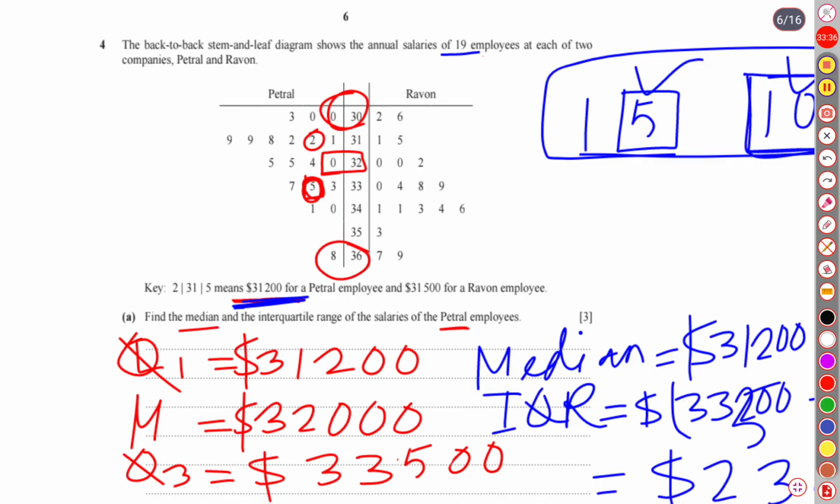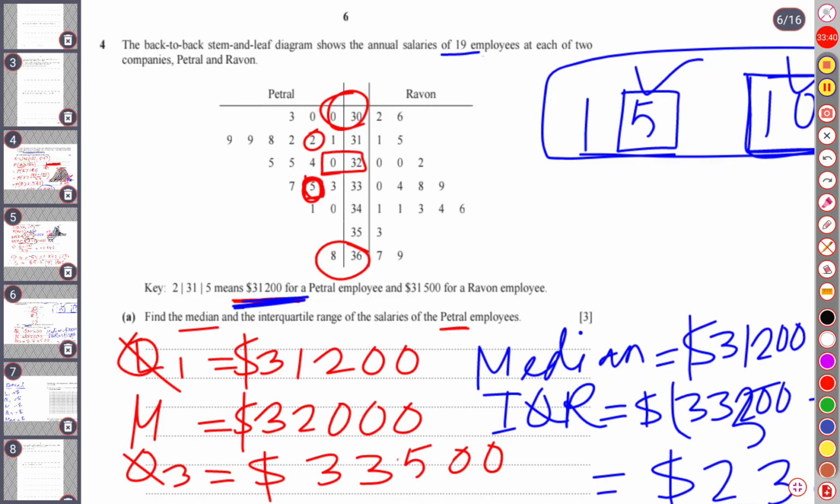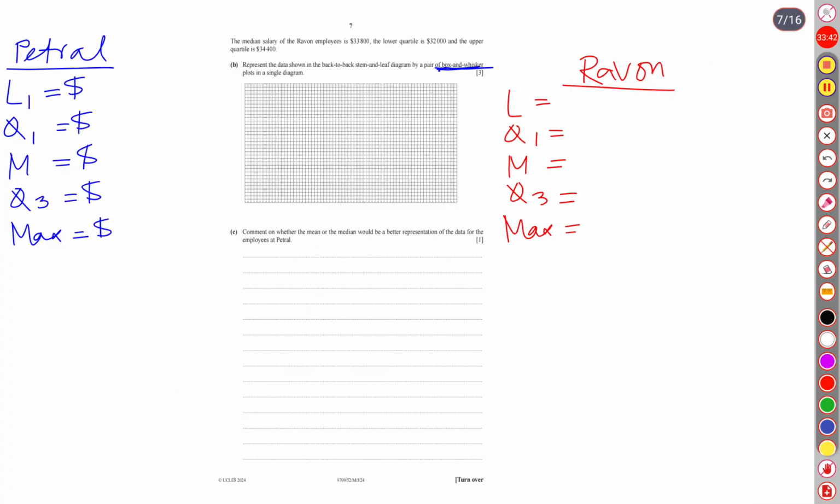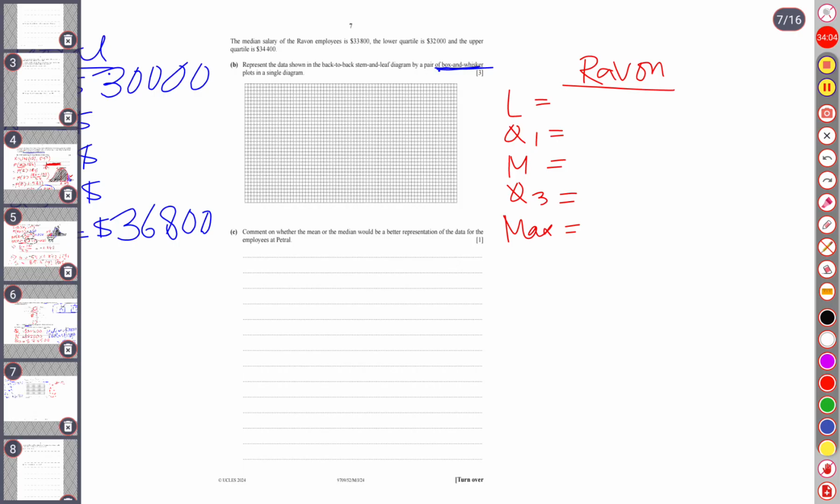So lowest is 300, and 2 zeros should be added, and maximum salary is 368 dollar, and 2 zeros should be added. And our lower quartile we can copy from there.